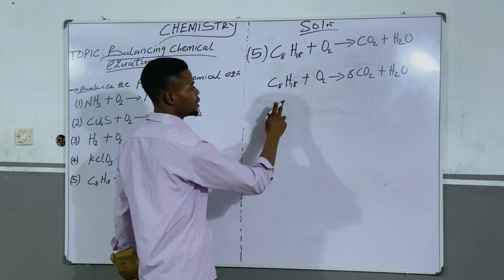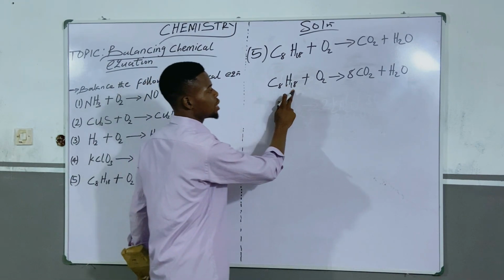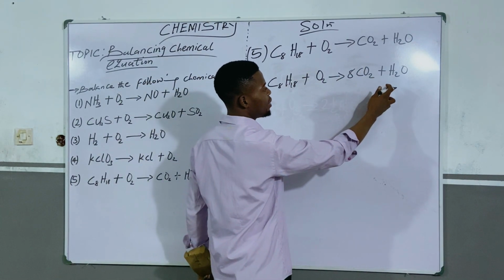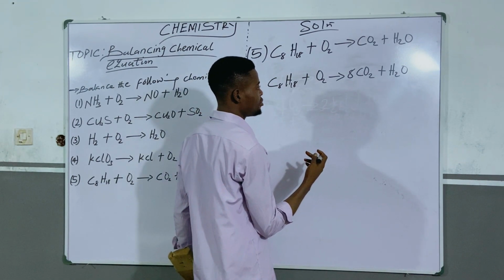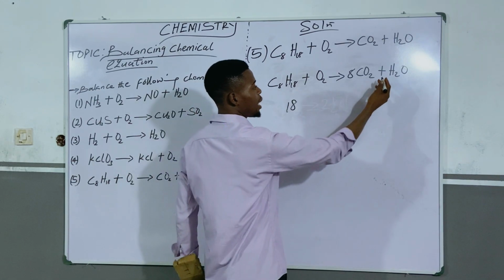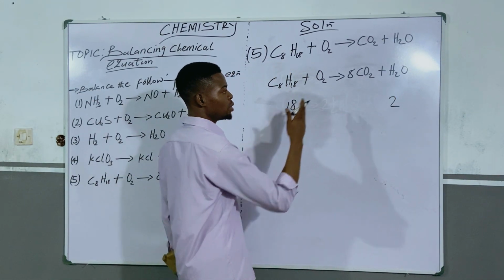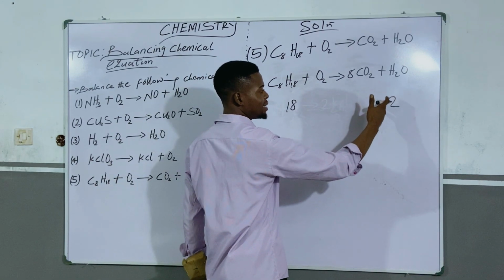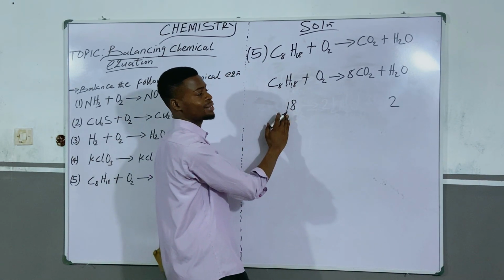Let's go to hydrogen. In our hydrogen, we have 18 hydrogen here. Then coming to the product side, we have only 2. So if we have 18 hydrogen here and we have 2 here, we need 18 hydrogen here to balance the hydrogen at the reactant side.